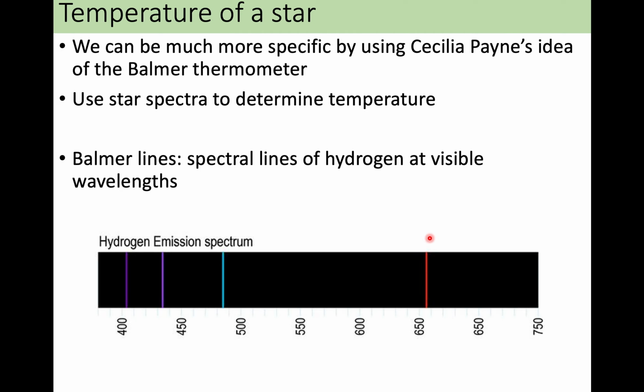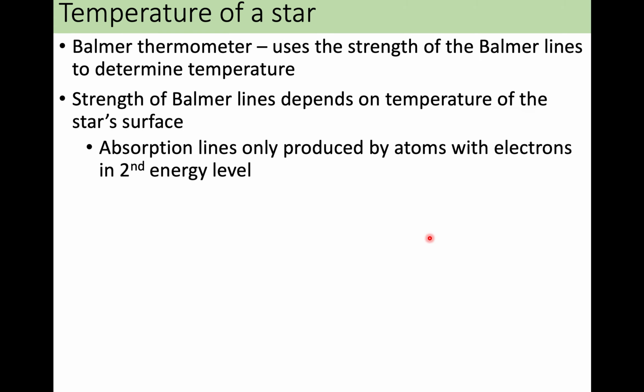Remember that hydrogen's going to emit and absorb in other wavelengths as well. But within the visible, these are the only 4 spectral lines that we see from hydrogen. So there's a red, there's a light blue, and there's 2 purples, 2 violets. So the Balmer lines can be very, very helpful to help us determine the temperature of any star. So let's see.